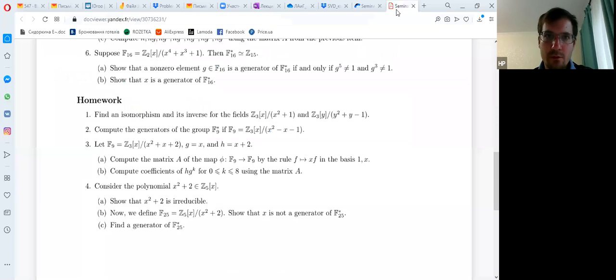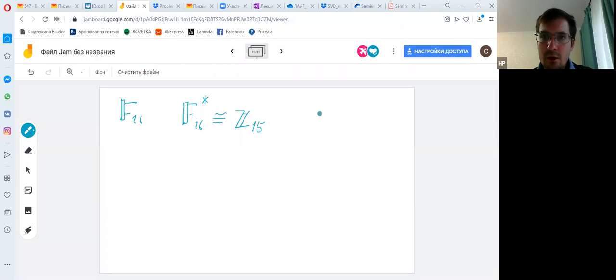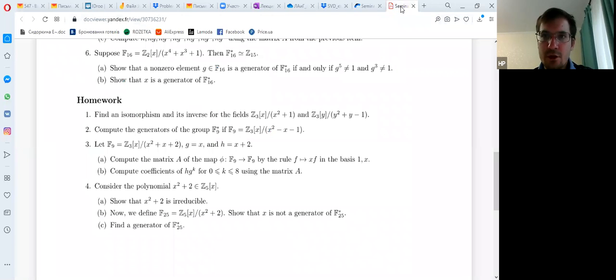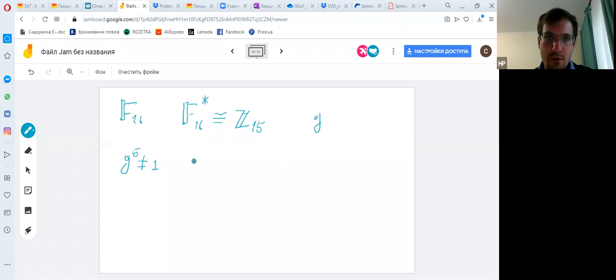And the first point of number 6 is that an element G is a generator when G in the 5th does not equal 1 and G in the 3rd does not equal 1. This is because we understand that the order of G in this group is a divisor of 15.